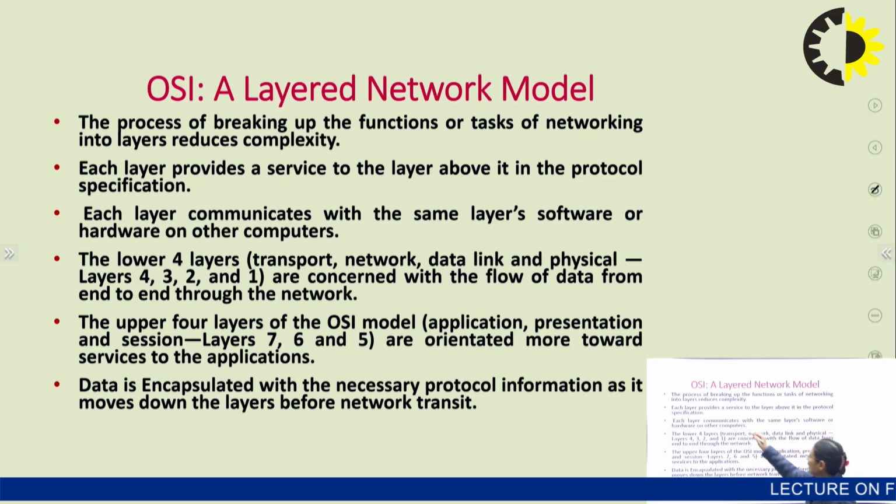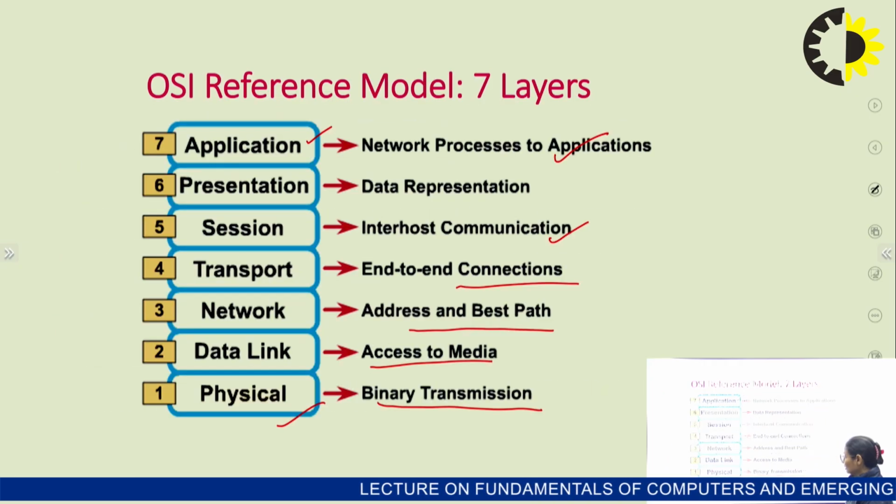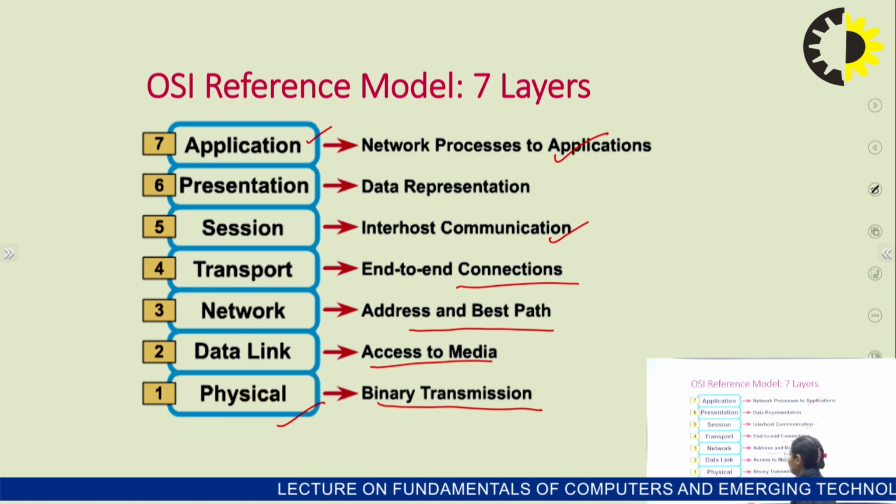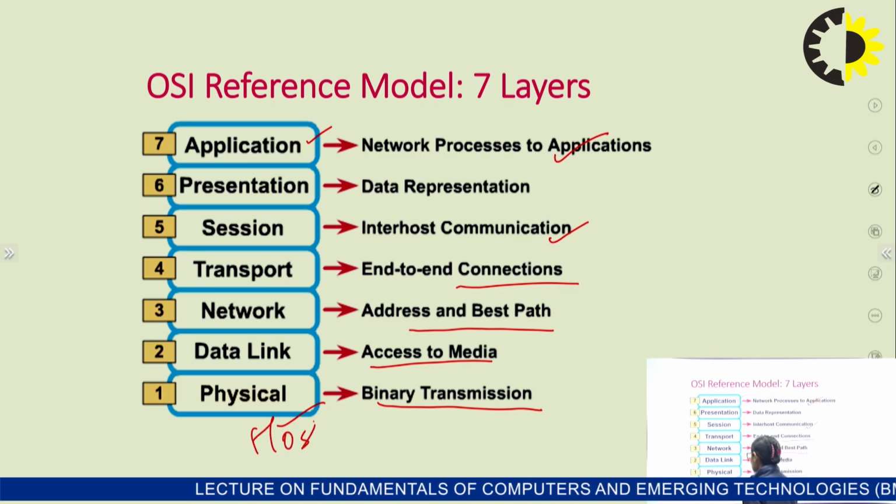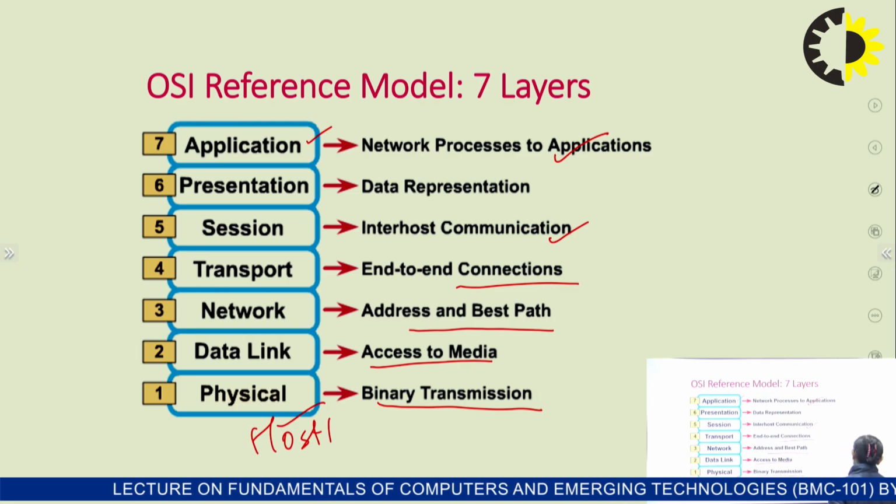Each layer provides a service to the layer above it in the protocol specification. Each layer communicates with the same layer software or hardware on another computer. That is, if this is host 1, then we have another system which is host 2.